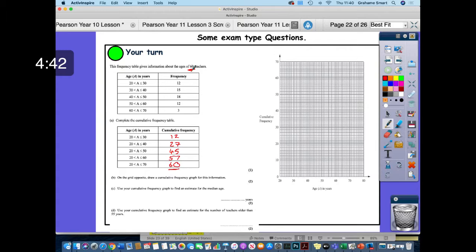And then it's talking about, on the grid opposite, draw a cumulative frequency graph for this information. So I'm going to quickly do that now.